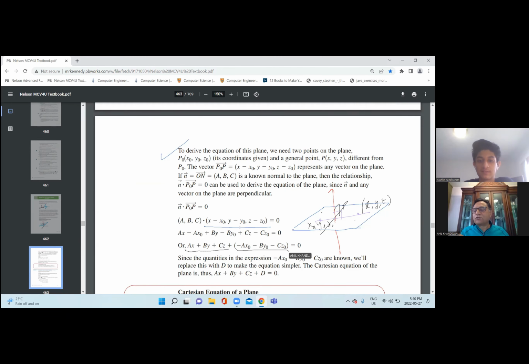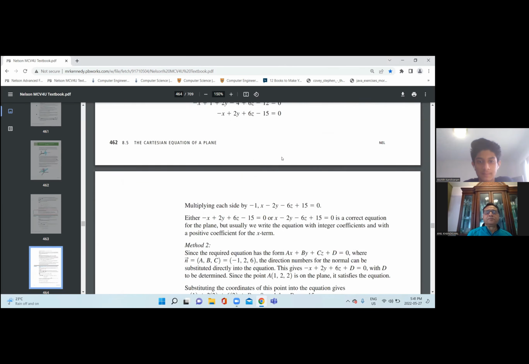A, b, c are constant because the normal is given to you. So you can write all of them as a constant D, and that is how you get your equation. And that should be equal to 0 because the dot product is 0. Is it clear? Yes, sir. Makes sense. So that is how you get the scalar or Cartesian equation of a plane. Next.